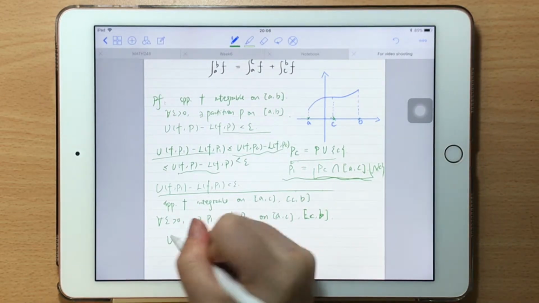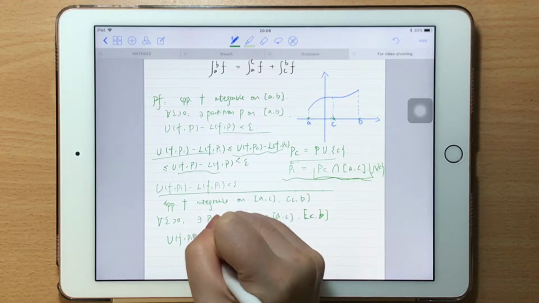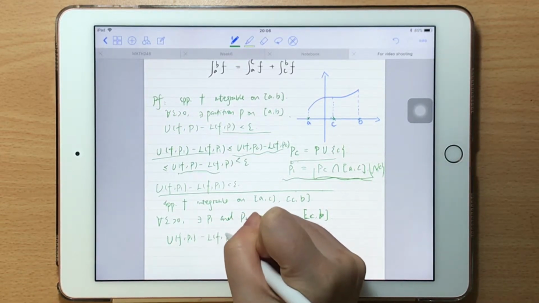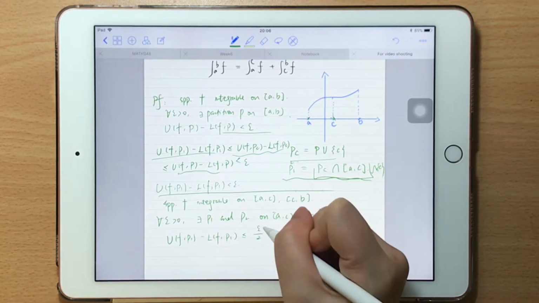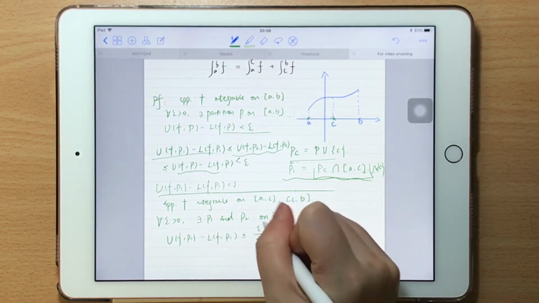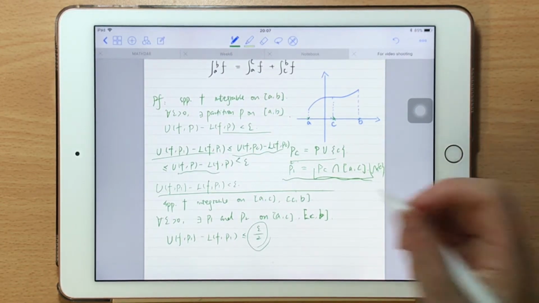And by the definition, we will have U(f,P1) minus L(f,P1) is smaller than half of epsilon. This is a classic trick we always do, right? Take the half of epsilon so that at the end the result will be a nice and clean epsilon.